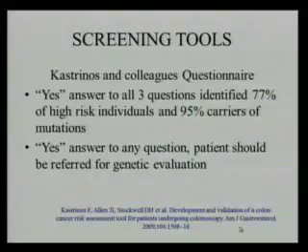So when you test them, they will carry the mutation, but they may not have the phenotype for Lynch syndrome. And if the patient answers yes to any of these questions, he should go for genetic evaluation, or that's what they did in their study.